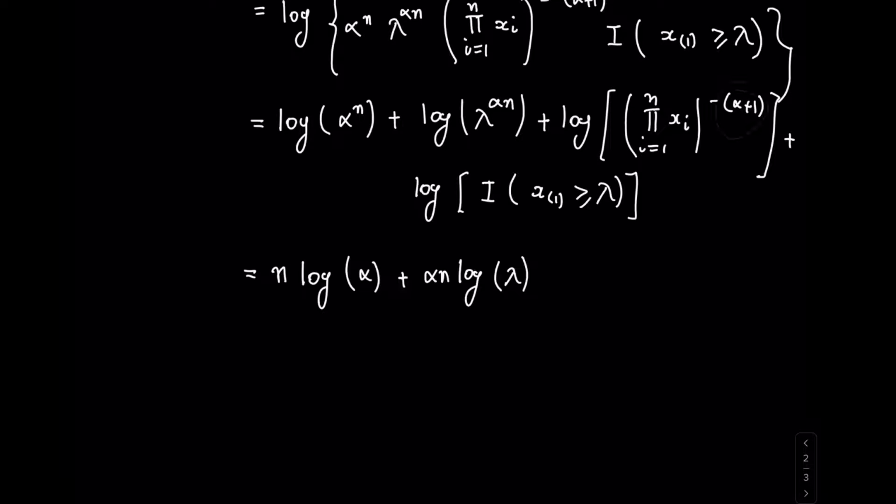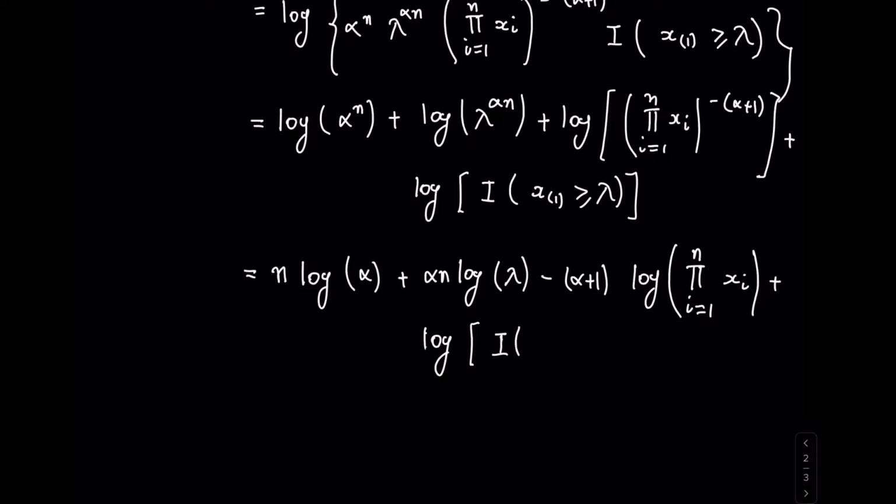Again, something similar here with the powers, you've got a negative power here that can come down the front. So that becomes minus alpha plus 1 log of a product of i equals 1 to n of xi. And then we still have our original log function of the indicator. And for now, I can't really do any simplification to that.